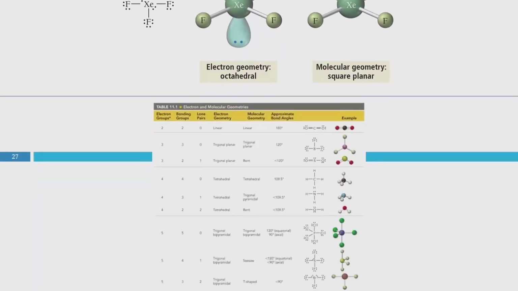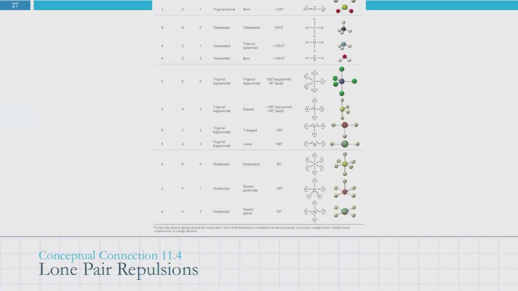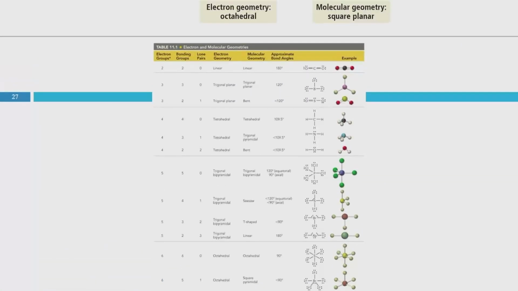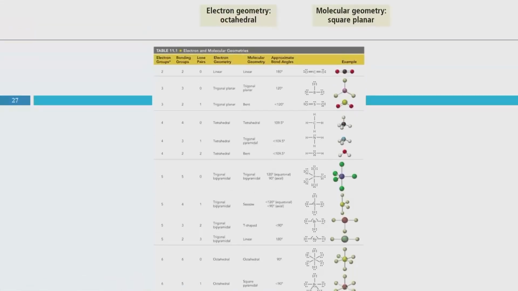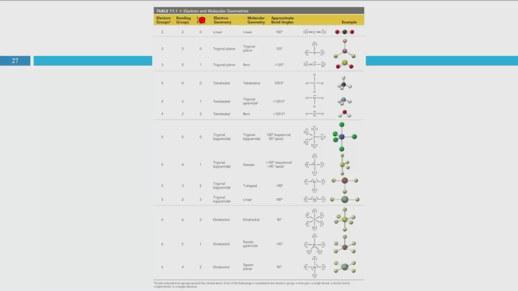And this is all summarized in this table that's like 1.5 slides. In the book, it should be table 11.1 or something like that. So you can figure out the number of electron groups on our central atom, find which entry matches the number that you counted up to, and then figure out how many lone pairs you have, 0, 1, 2, 3, in that same line.